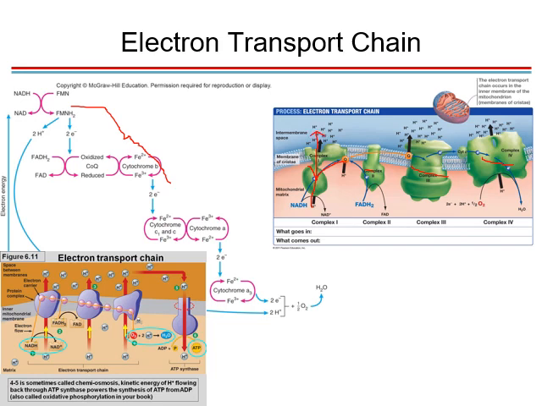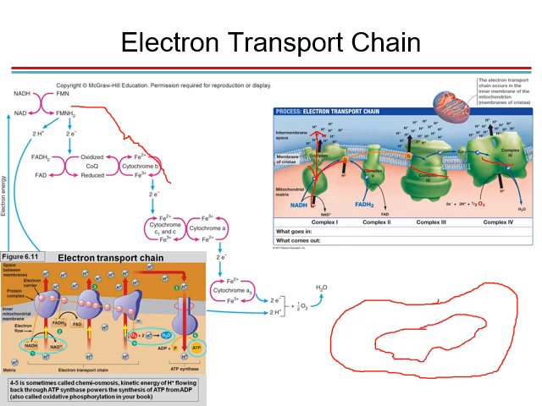Remember our little mitochondria. Our electron transport chain is taking place in this inner membrane. And so as we pump protons, the protons are getting pumped into the inner membrane space between the two membranes.